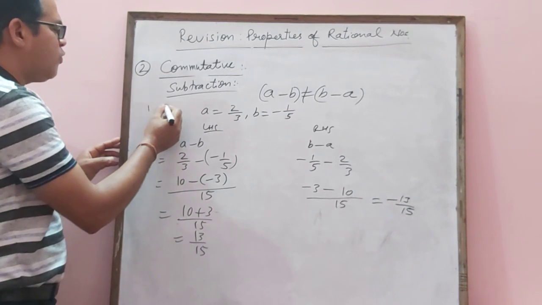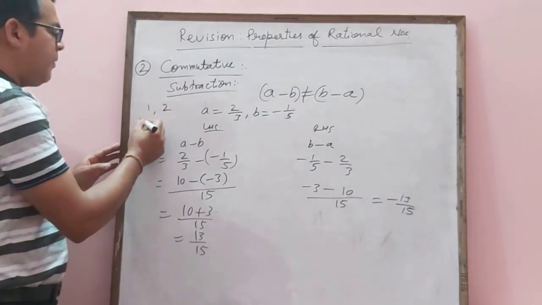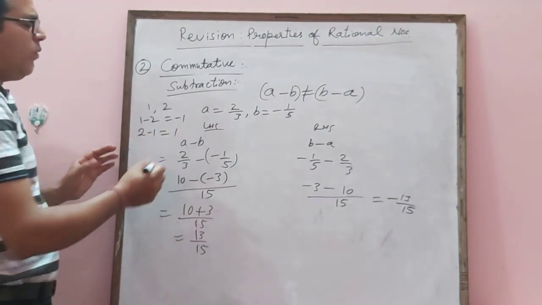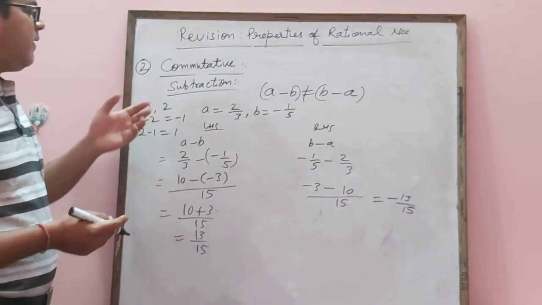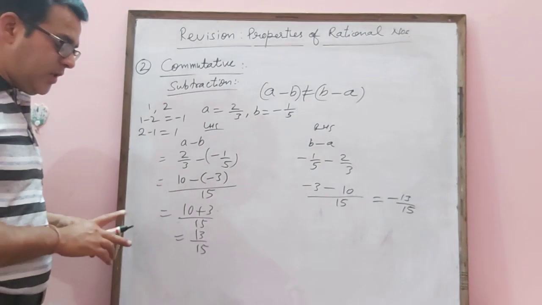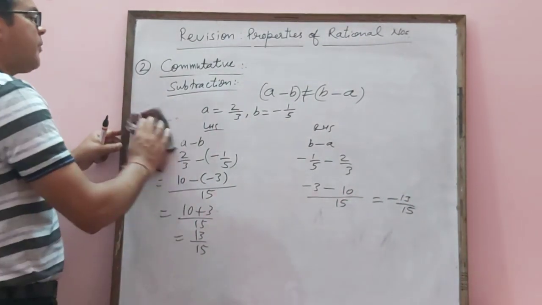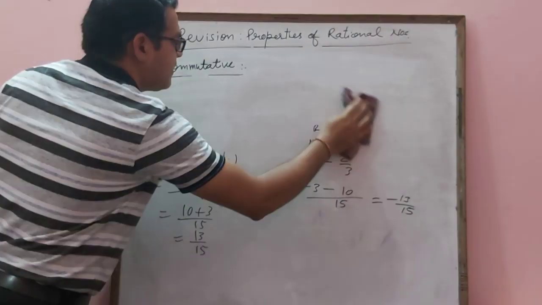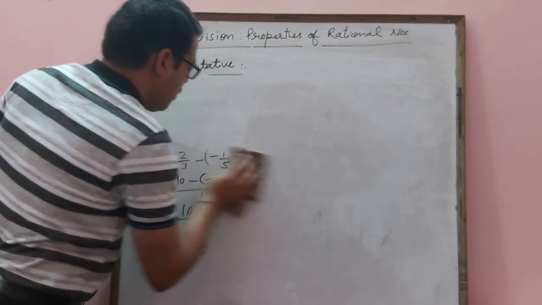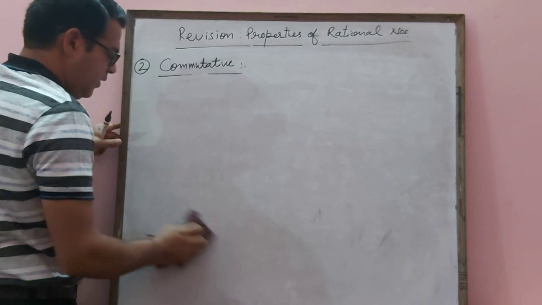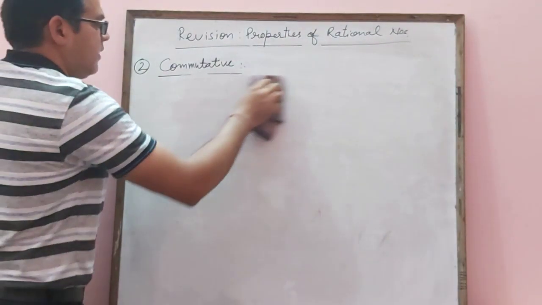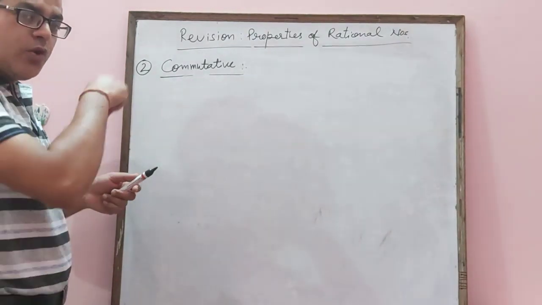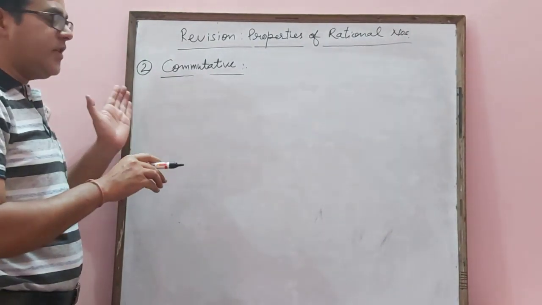Suppose I take 1 and 2 here. 1 minus 2, what do we have here? Minus 1. And 2 minus 1, what do we have here? 1. You can see these are not the same. One is positive, one is negative. So subtraction of rational numbers is not commutative. Please remember this thing. Subtraction is not commutative. Why? Subtraction was closed, that we discussed just before.